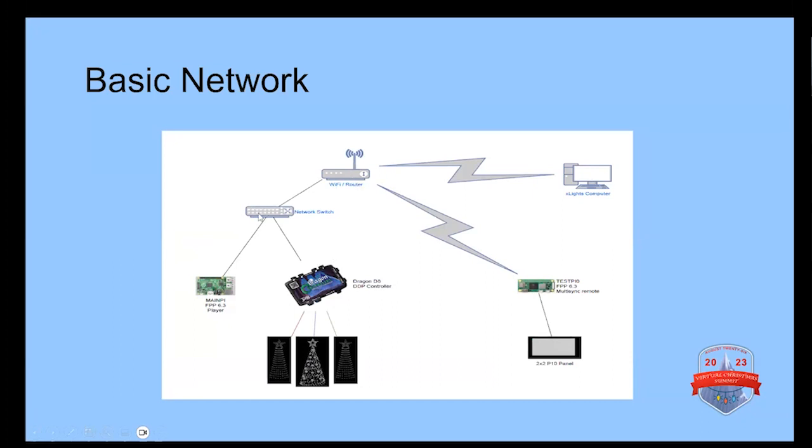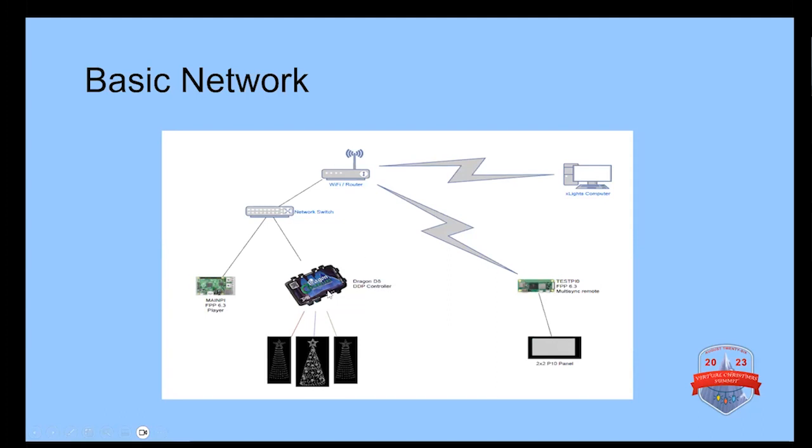I have a network switch. My player over here on the left is Ethernet connected to my switch, which is Ethernet connected to my controller. In this case, I'm using a Matos Designs Dragon controller with a couple of props. I also have that Pi we were just talking about, this little Pi Zero running an LED panel. This is a P10 panel, wirelessly connected, operating in FPP remote mode.